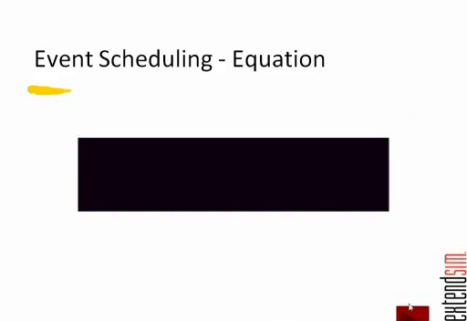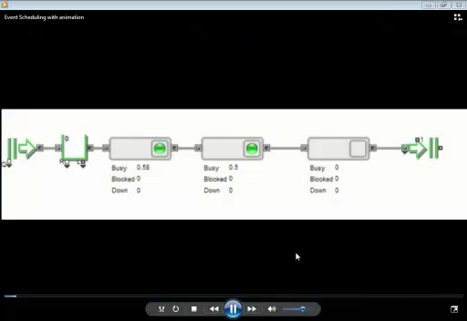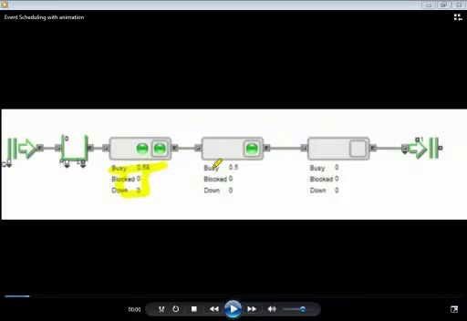Let's take a look at this. Let me run it back to the beginning here. So what you'll see are that these animated values, which show busy, down, and blocked right here, here, and here, they'll all update at once, and they will update at specific time intervals.